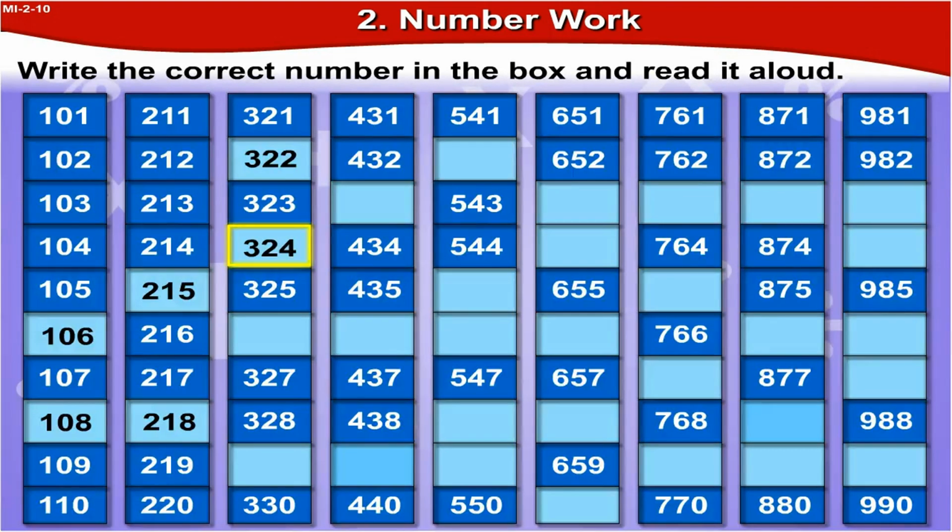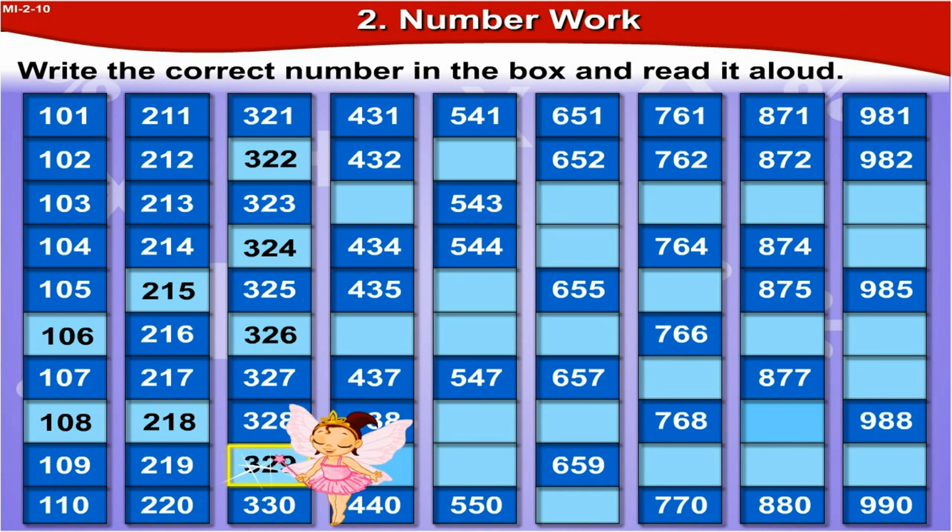Then 325, then again a box. In this box you will write 326. Then 327, 328, another box. After 328, we have 329. So in the box you will write 329 and 330.